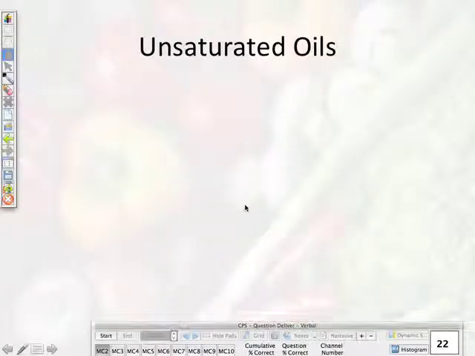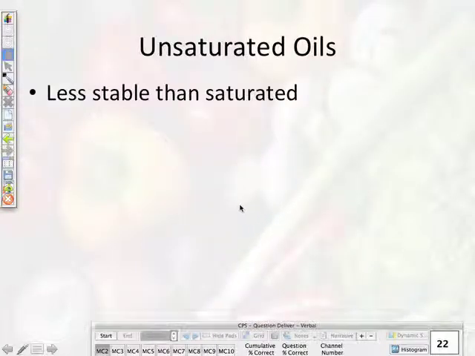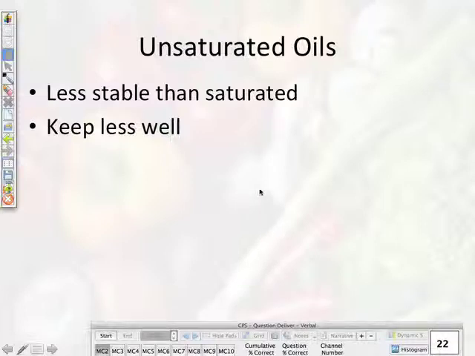Good call. Okay. Unsaturated oils are less stable than saturated oils because they have those double bonds. We know double bonds are more reactive. So they are less stable for less time.